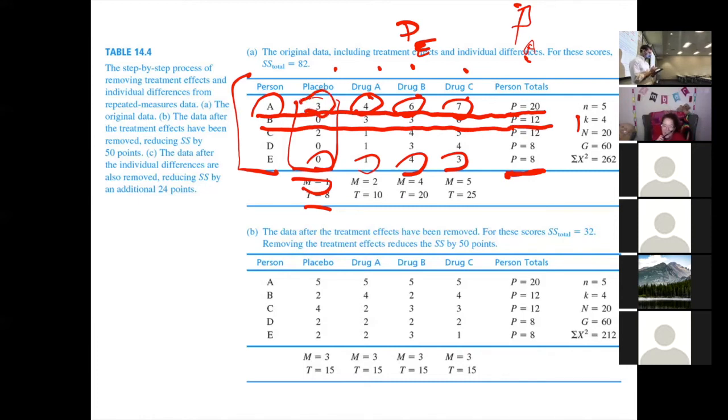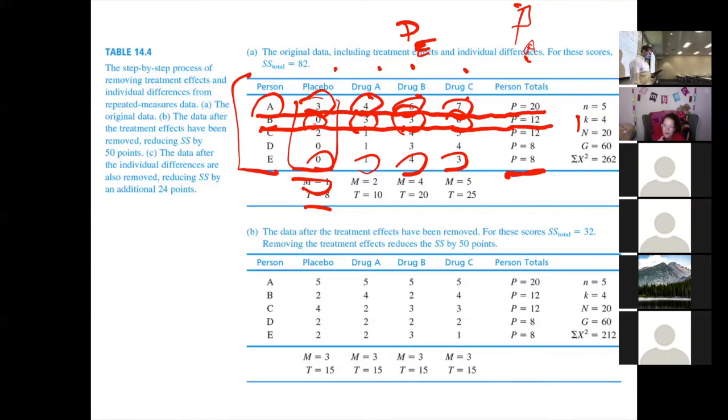When you took the placebo, you gave a rating of 3. You then took drug A and gave a rating of 4. You took drug B and gave a 6, and you took drug C and gave a rating of 7. And person B, we'll say, is me. I took the placebo and I gave a rating of 0. I felt like crap. Once I took drug A, I gave 3. When I took drug B, I gave a rating of 3. When I took drug C, I'm going to assume that's 6.